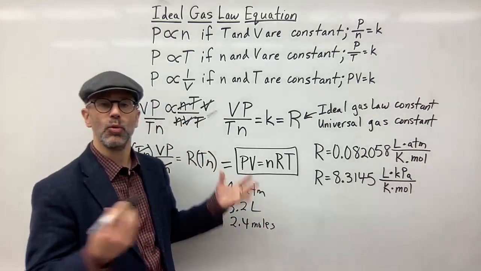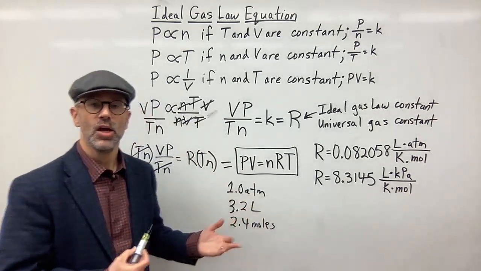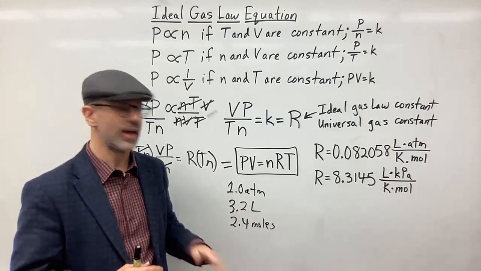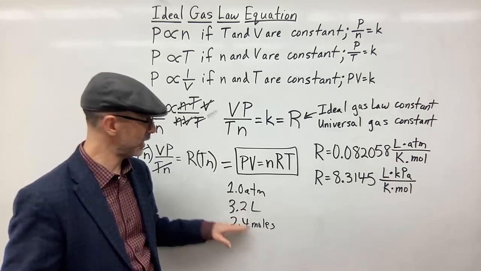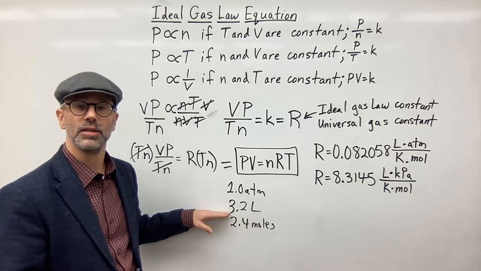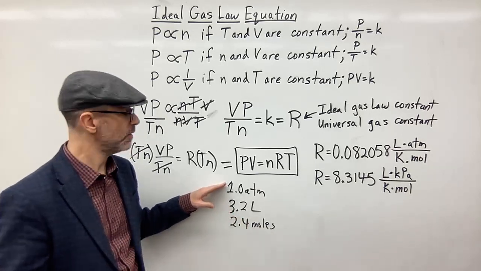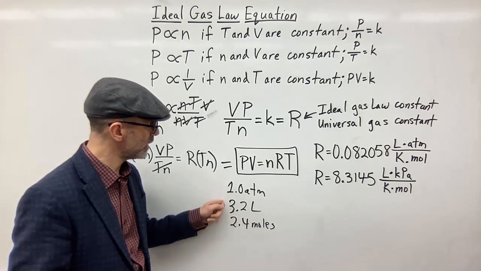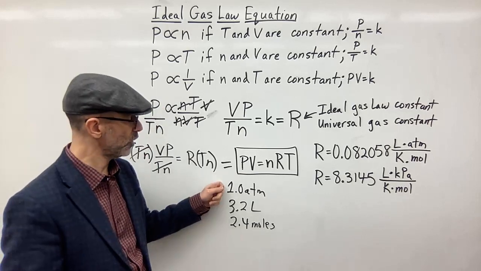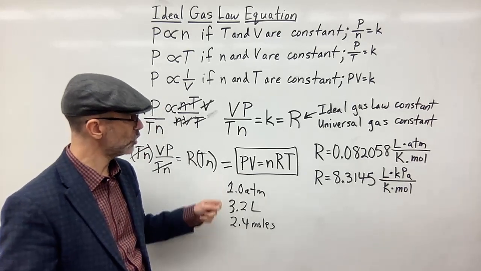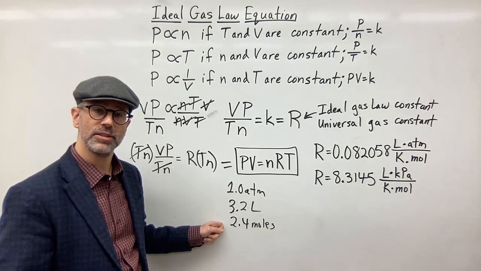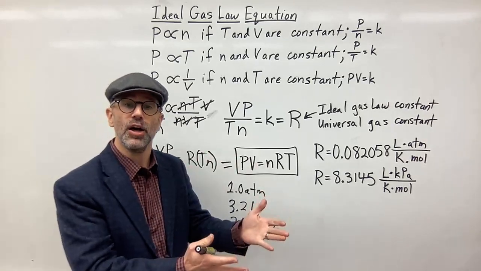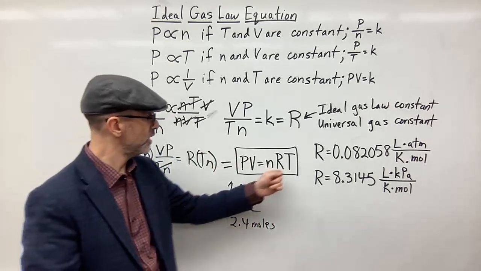And then I say, okay, what's the temperature of this gas? So nothing's changed. I didn't change the moles. I didn't change the amount of liters. I didn't change the pressure. All I did was I gave you a set of conditions. I said, okay, here are the conditions for pressure, volume, and the amount of gas. And I'm asking you to find the other property. What's the other property? Temperature.